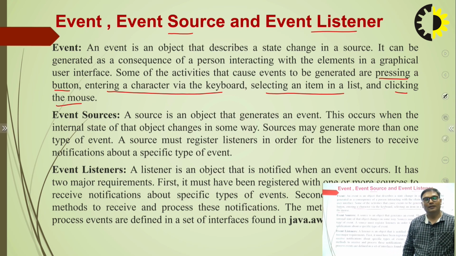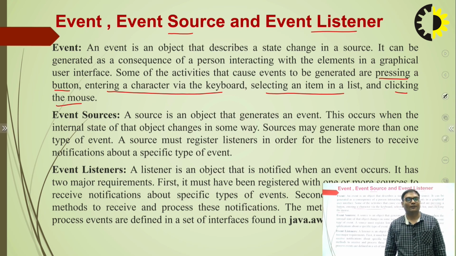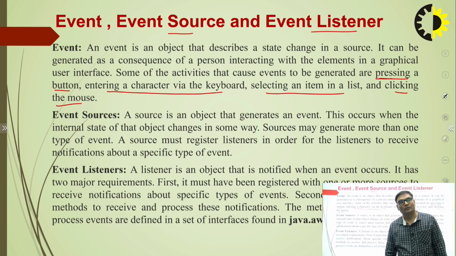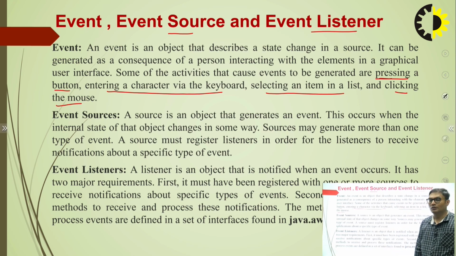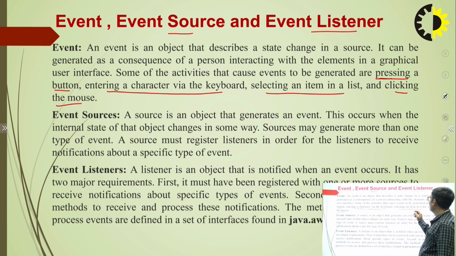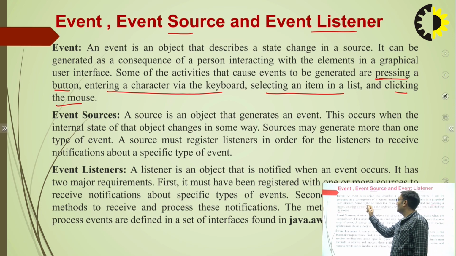So there may be multiple sources of the event, and these activities will change the state in a source. So that's why we call it an event. So what can be the sources? As I told you, an event is generated by a particular source, like a button is pressed, the mouse is clicked, and a key is pressed on the keyboard.